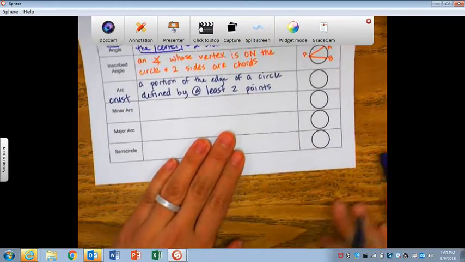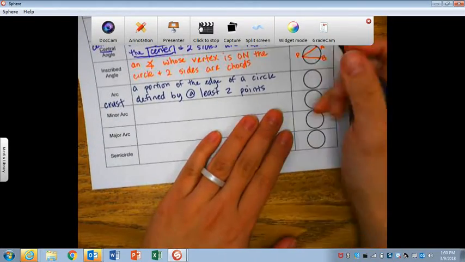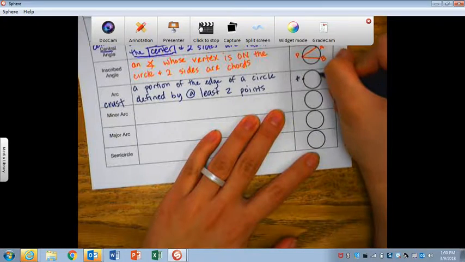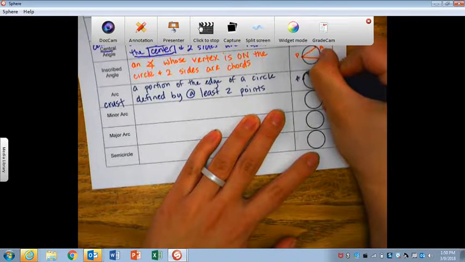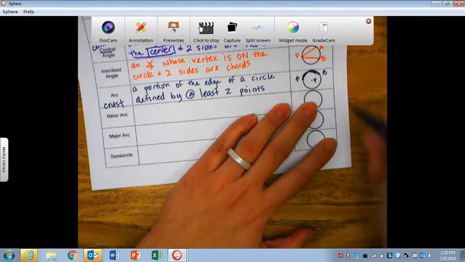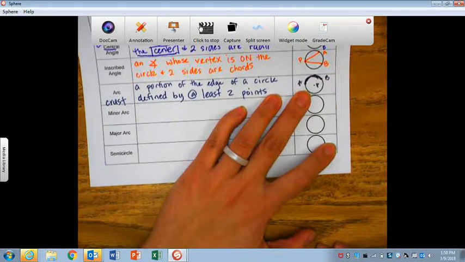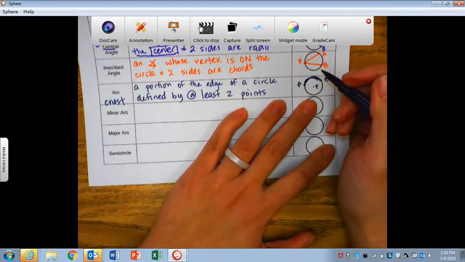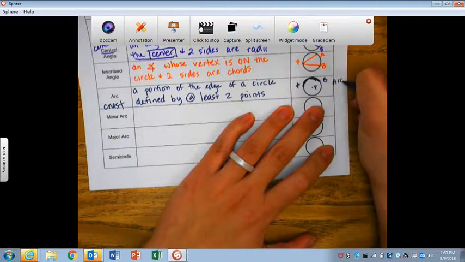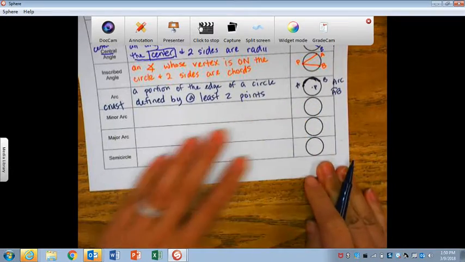So here is an arc right here, A, B, there's your arc, and then just to lay some points of interest, that's your center. That's just called arc AB, and it's symbolized by an arc over your letters.